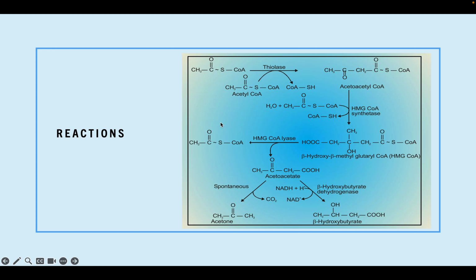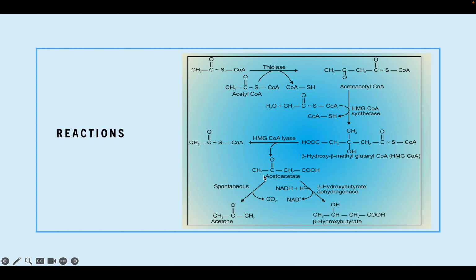gets broken down to acetyl coenzyme A, which gets released and can be used again in this reaction, and to acetoacetate, which is a 4 carbon compound. And then this acetoacetate, by decarboxylation, releasing a CO2, can be converted to acetone, or by the dehydrogenase, it can be converted to beta-hydroxybutyrate, in which an H2 group is added here.